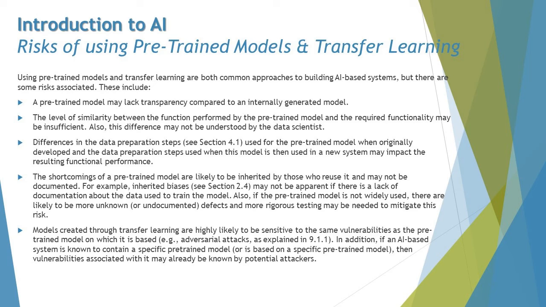Finally, models created through transfer learning are highly likely to be sensitive to the same vulnerabilities as the pre-trained model on which they are based. In addition, if an AI-based system is known to contain a specific pre-trained model, then vulnerabilities associated with it may already be known to potential attackers.